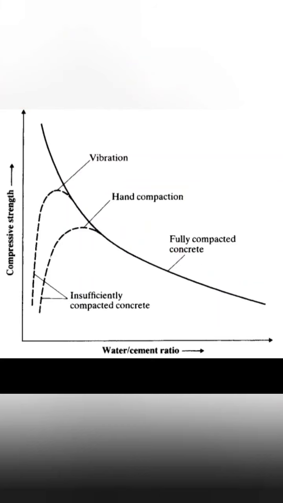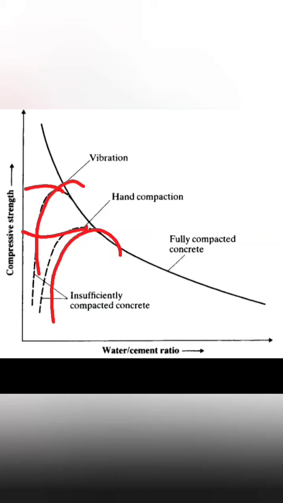Here one more thing you can notice is the two curves with respect to compaction. If I am doing hand compaction, even with a lesser water cement ratio, it is going to attain a lesser compressive strength as compared to vibration.